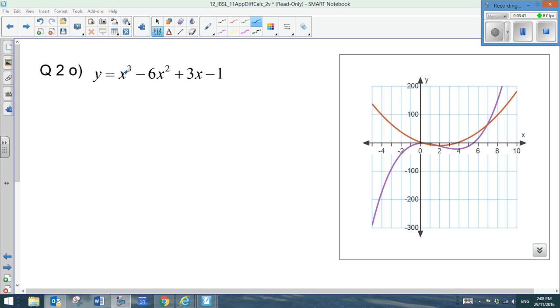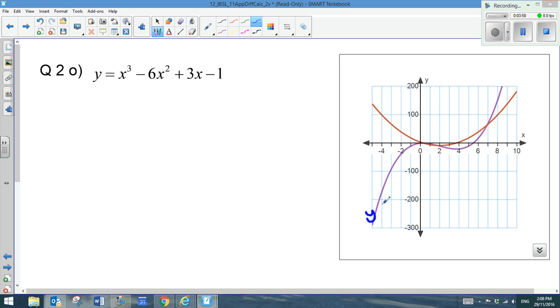So now we're wondering, how do we decide whether a function is increasing or decreasing using calculus to support our conclusion? So even though you guys are given x cubed minus 6x squared plus 3x minus 1 as this purple function here, we'll call this function y. So it increases, we can see that, and then it changes direction, it begins to decrease, changes direction again, and then it begins to increase.